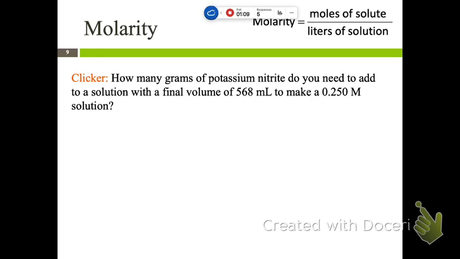So, first thing you're going to do is unpack your concentration. Go ahead and write conversion factor whenever you want. Just what does this mean? Just like we did.